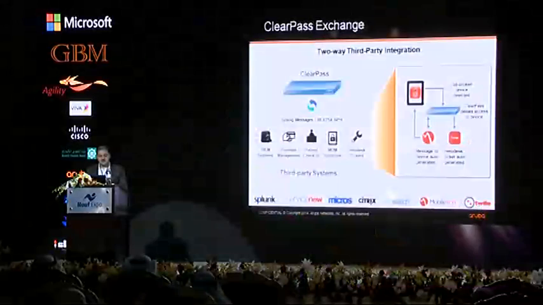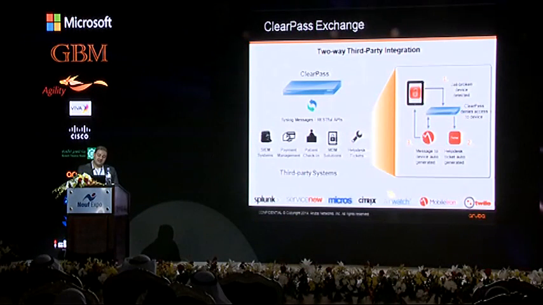So if MobileIron as an MDM, or any MDM solution, informs us that you have a problem, or that the feedback we are getting is X or Y, we can take the decision and block the wireless access, the wired access, or the VPN access based on it. And once we get this kind of problem, we can at the same time open a ticket with a help desk, and we can do a lot of other integrations, or we can publish information to this user.